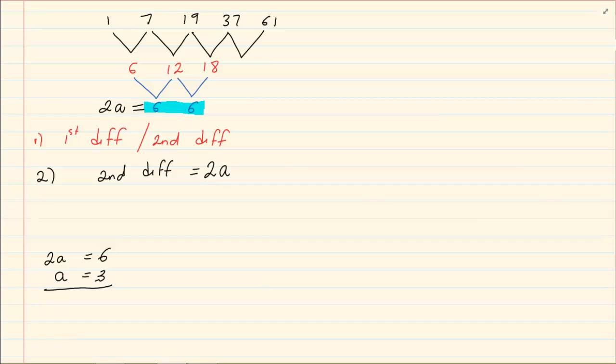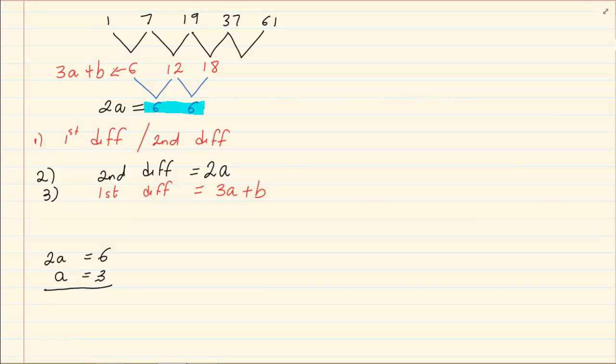Once you've solved the second difference and you've solved for a, the next step is to calculate the first difference. So at the first difference, we're going to make it equal to 3a plus b. So we're going to say 3a plus b is equal to 6.